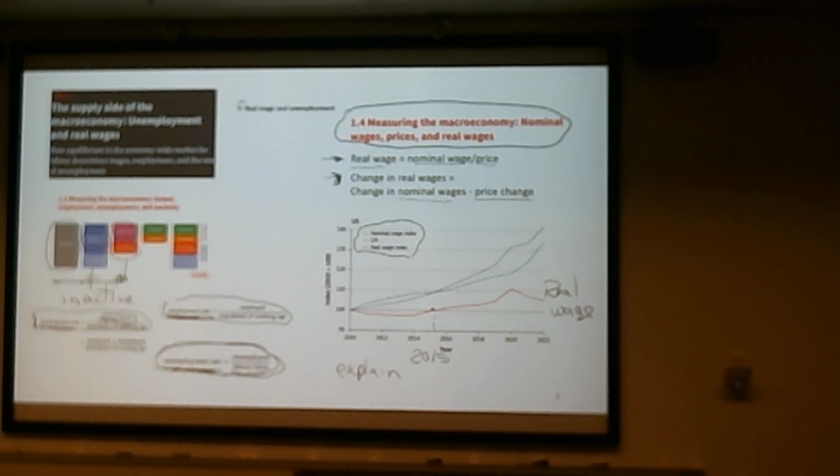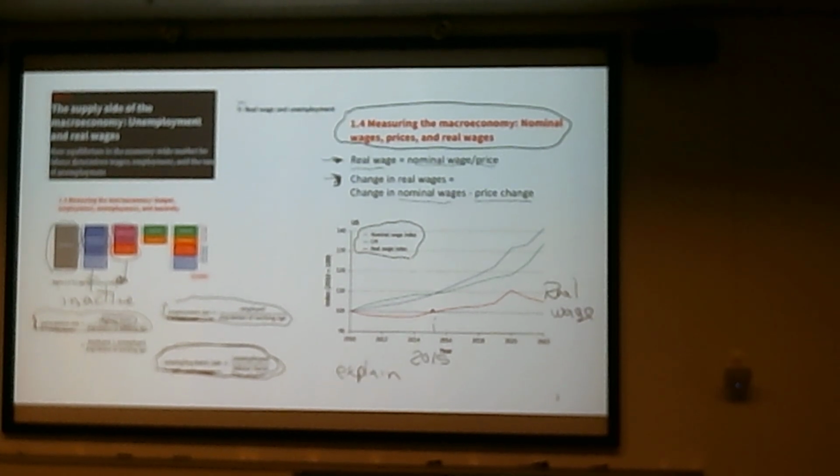We always look for where we start. In this example, we start at 2010. So the index starts at 2010, and all three are 100. What happens after?